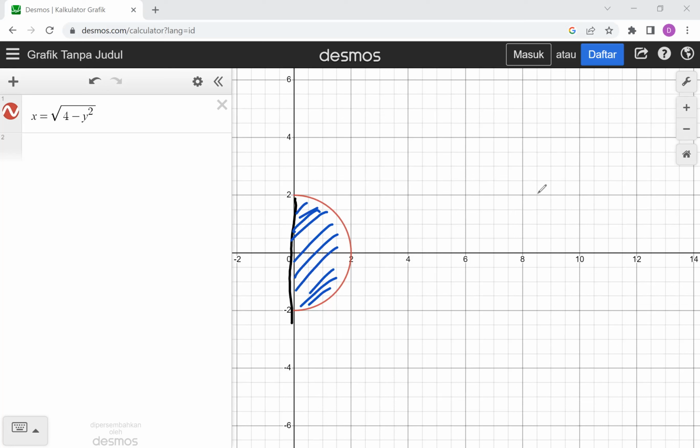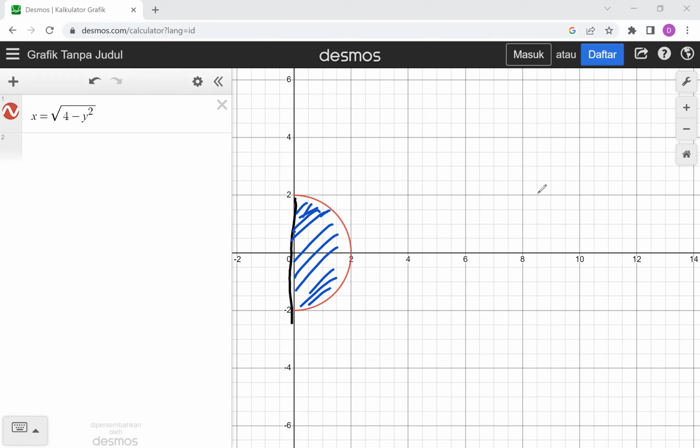But now it will be revolved about the line x equals -1. Of course, if it revolves about the y-axis, then you will have a sphere of radius 2, and obviously the volume will be 4/3 pi 2 to the power 3.